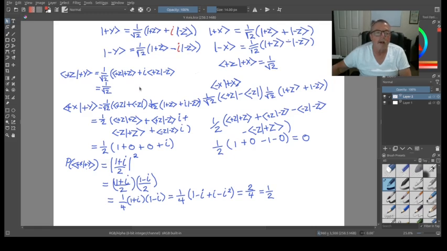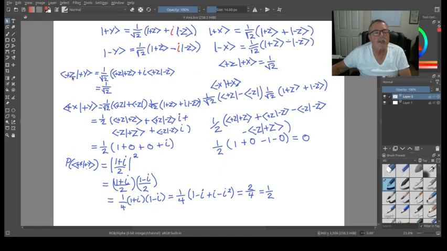Now, based on these definitions, what happens if I take the bra z and multiply it times that? Well, the z set up in a bracket with positive z, that's just going to give us 1, and this is going to give us 0.